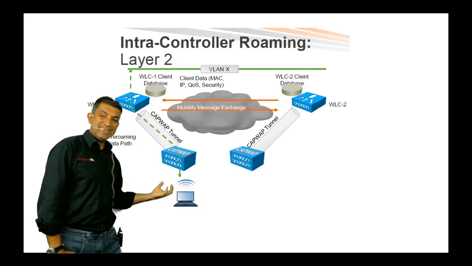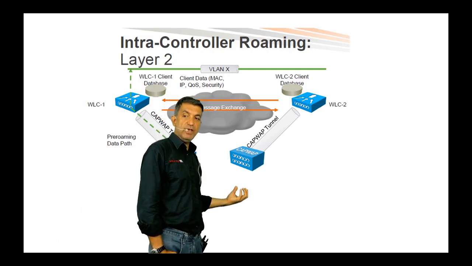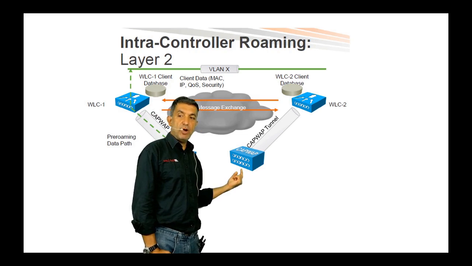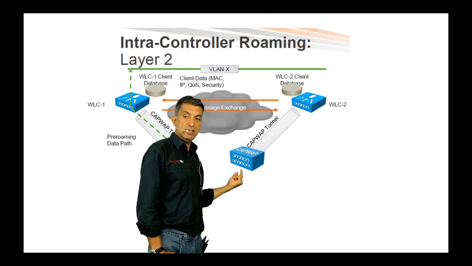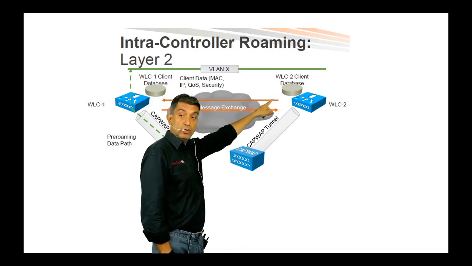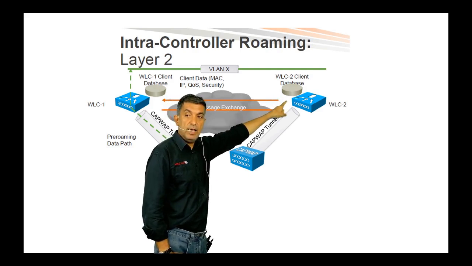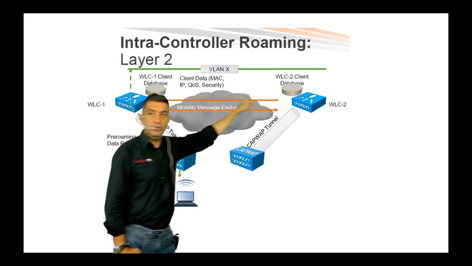And when the client roams, during the wireless roaming process, the association and authentication process will be redirected to the new controller, and the new controller will send a special client handover request to this controller.